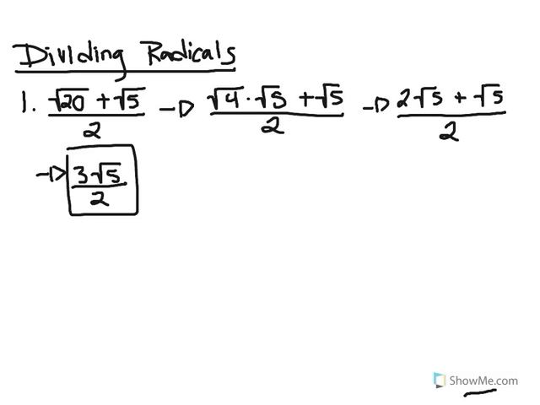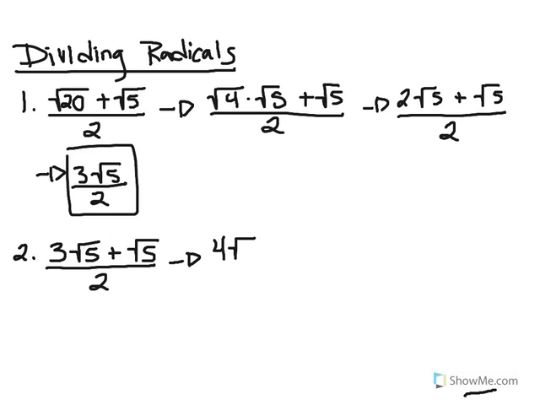Let's take a look at another example. Okay, so what if I've got something like this? So I check my radicals, and I notice that they are prime, so there's no need to simplify them anymore, so I can go right ahead into my simplification. So 3 square roots of 5 plus 1 square root of 5 is 4 square roots of 5, and this is over 2.